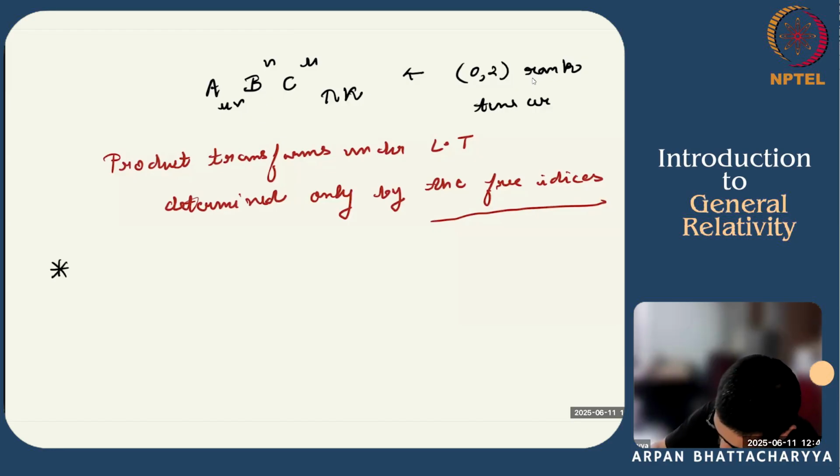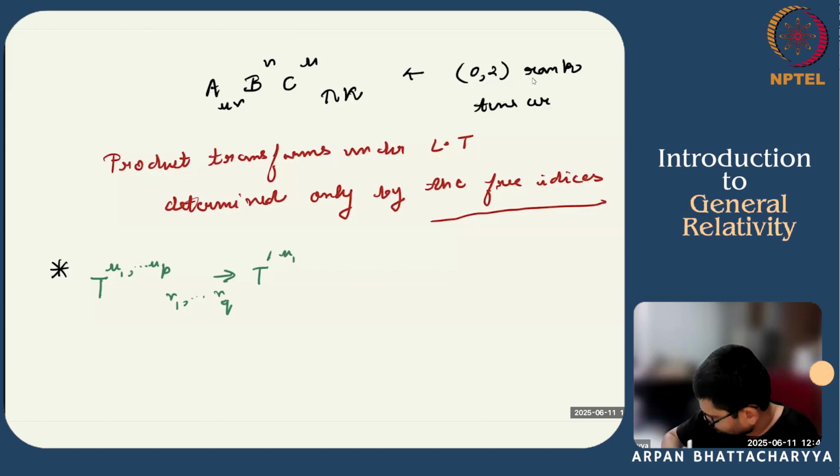Suppose you go from an x coordinate system to an x prime coordinate system, the component of a (p,q) tensor, which we denote by this, will go to some T prime mu 1 to mu p, nu 1 to nu q. This will transform in the following way.